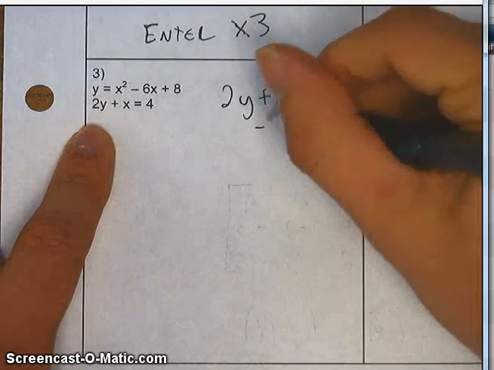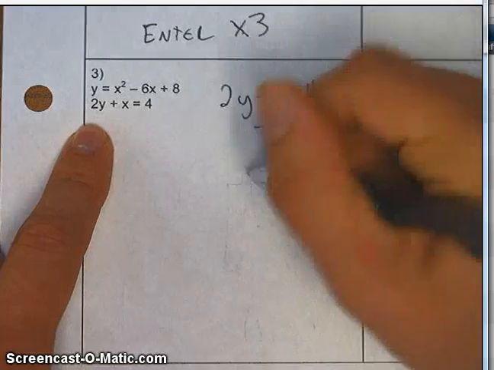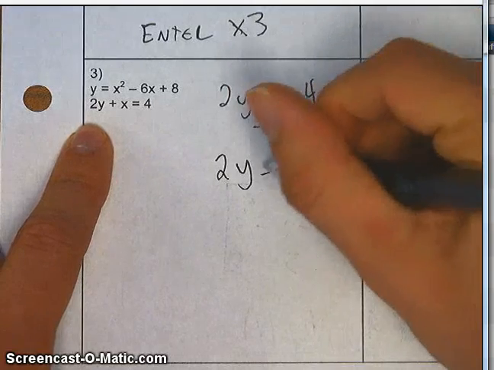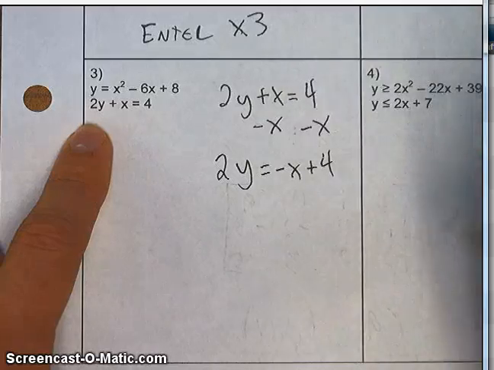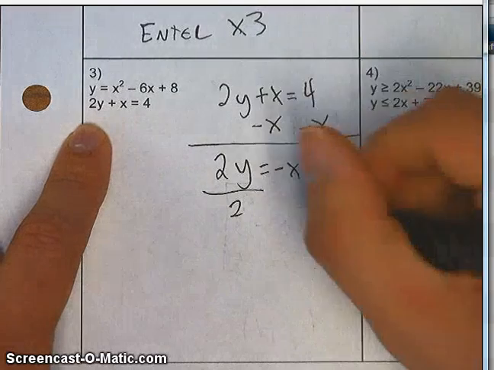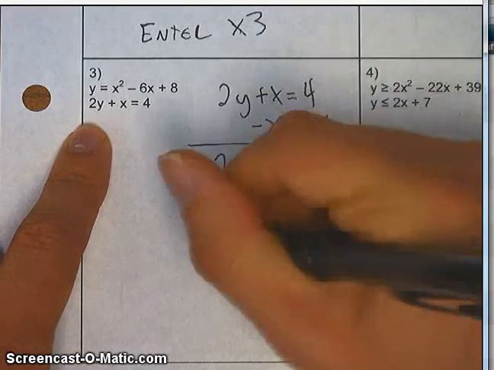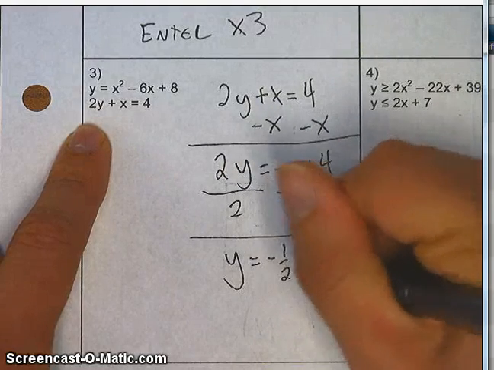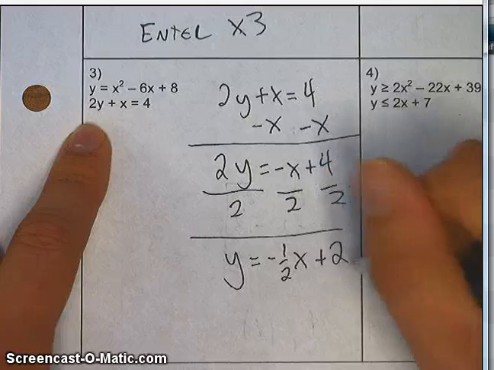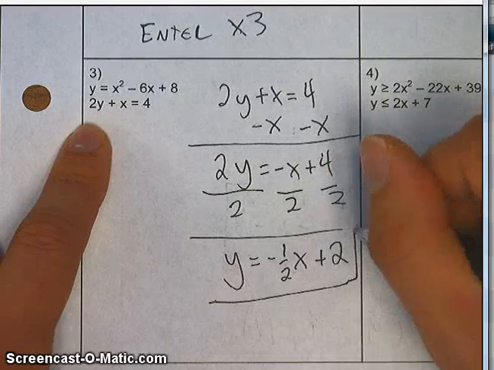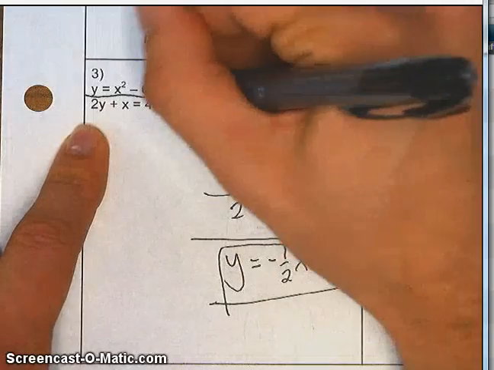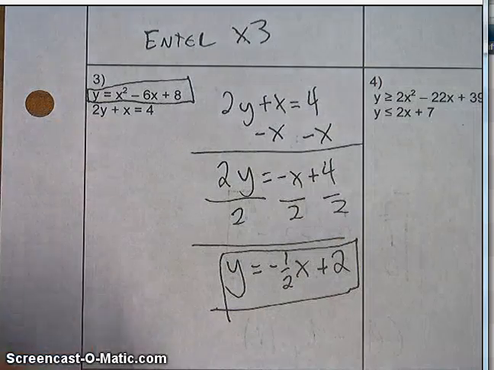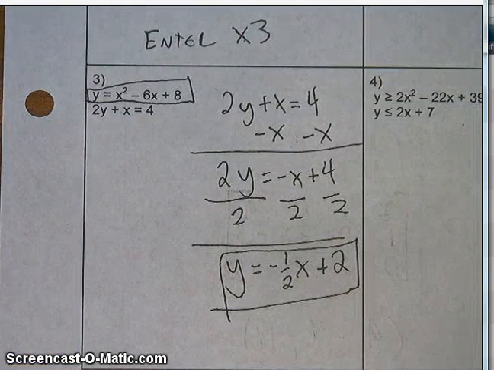So you would want to subtract x, 2y equals negative x plus 4, and divide by 2, divide by 2, divide by 2. You get y equals negative 1 over 2x plus 2. So you want to graph this equation and this equation, and then do second trace 5.